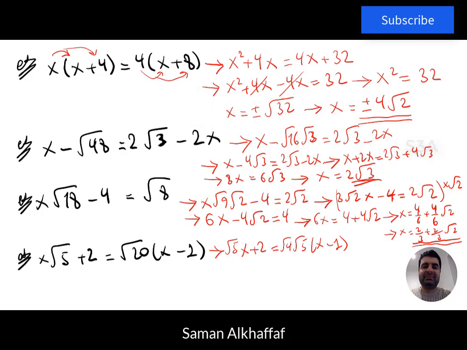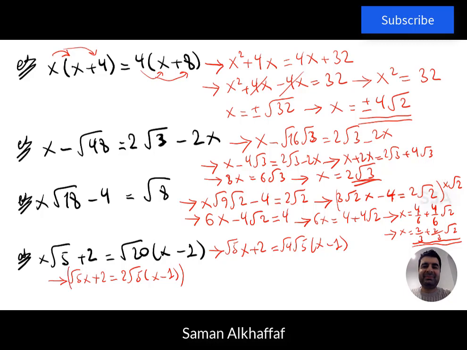So now what we can do is simplify this further. In this scenario, we'd have root 5 times x plus 2 equal 2 root 5 times x minus 1. Now to simplify this even further, because we would like to work with x's that don't have a root ideally, we can multiply everything by root 5.